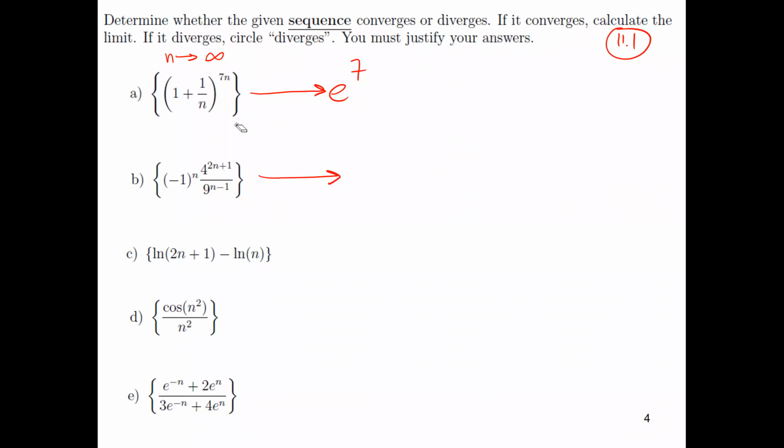Negative 1 to the n, and it's 4 to the power of 2n plus 1, over 9 to the power of n minus 1. So we do have the alternating part. Then we have to check, because we can take the absolute value, which means the -1 to the n will be gone, and we have to check if this part goes to 0.